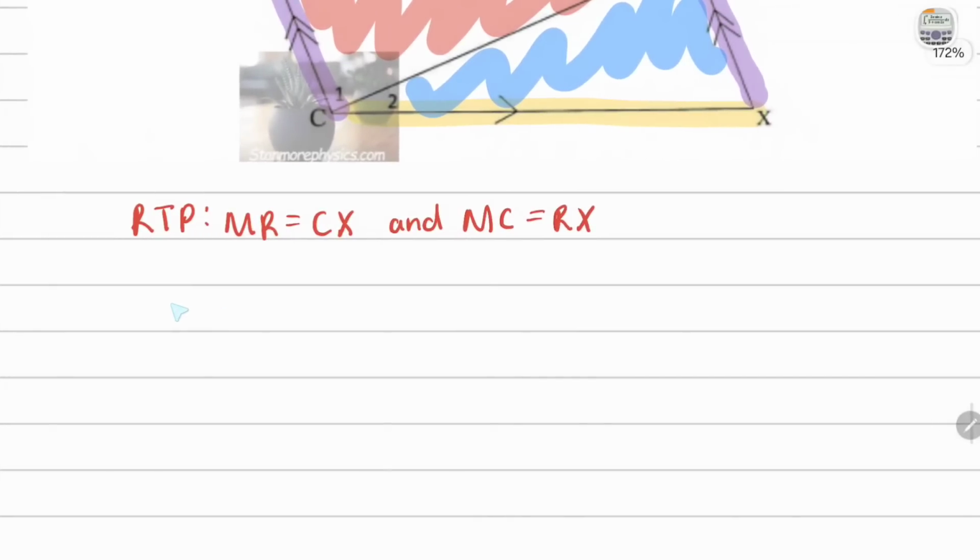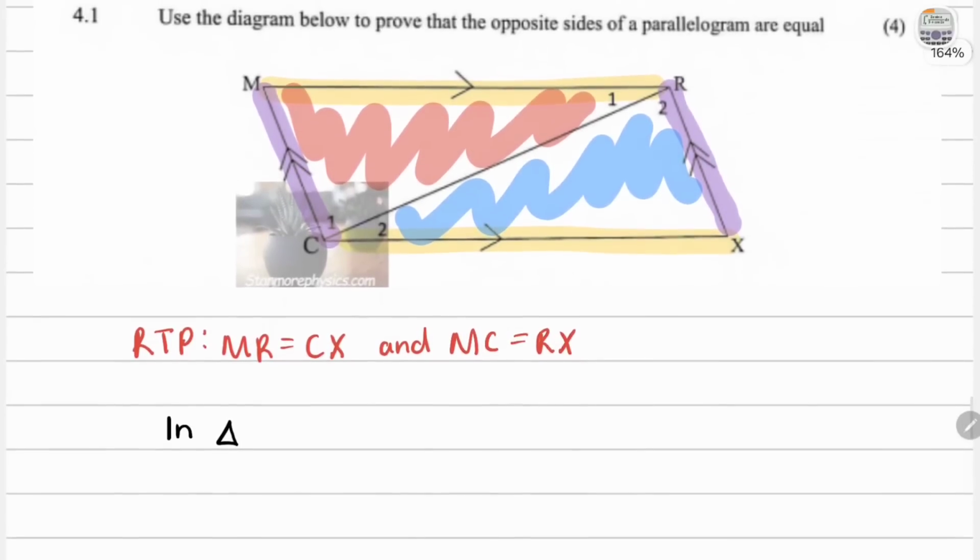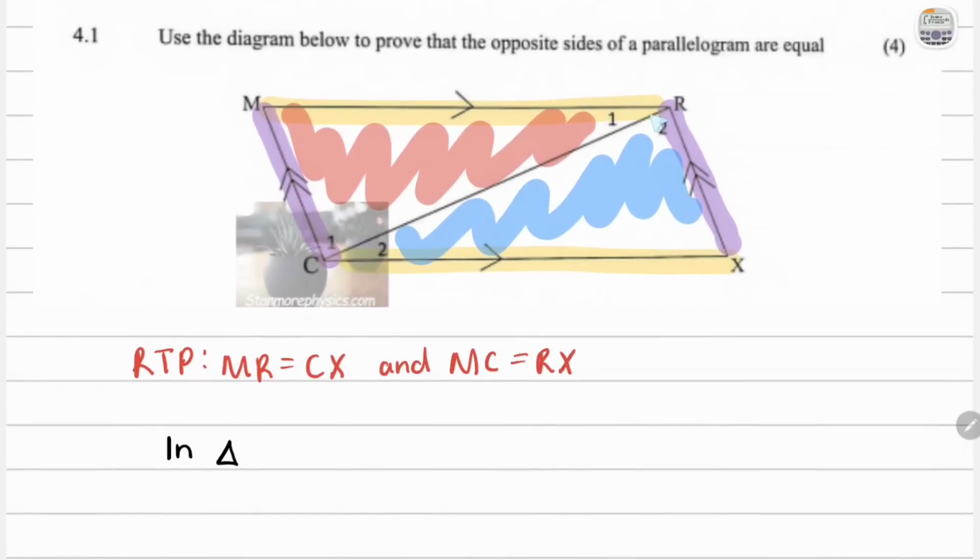We can name our triangles first. It's important to name it properly. So in triangle, we can start by naming this one from here: RMC. Now the other one needs to correspond. Here's how we can look at it. You're going from R to M, the yellow part, to the purple part.